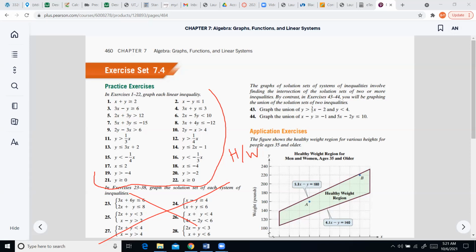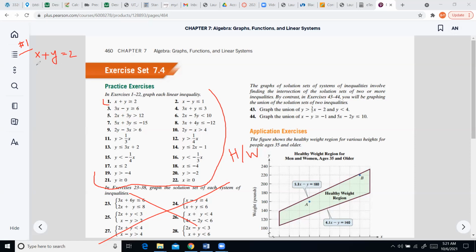So let me try, let's say, the first exercise that says x plus y is greater than or equal to 2. So how do I do this? Well, I graph the line. The first thing is going to be the equation rather than the inequality.